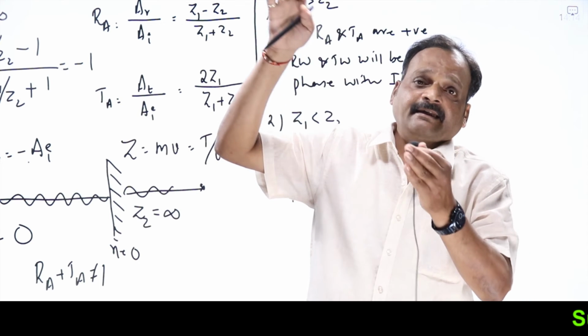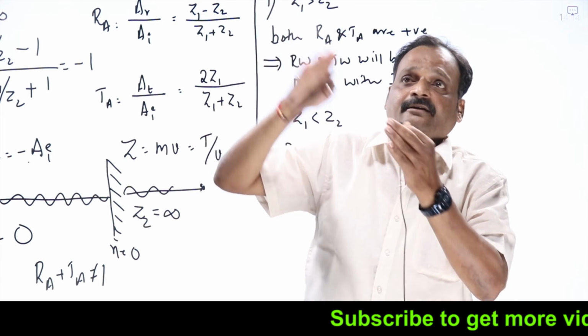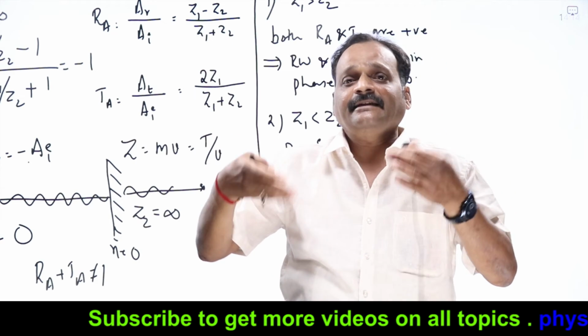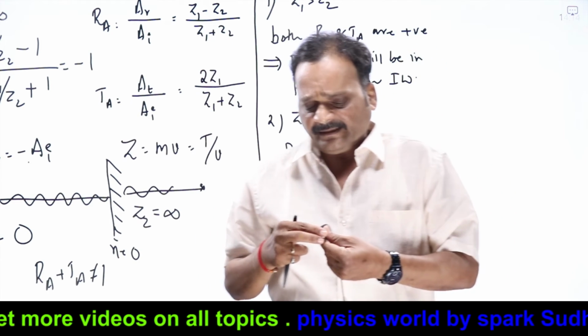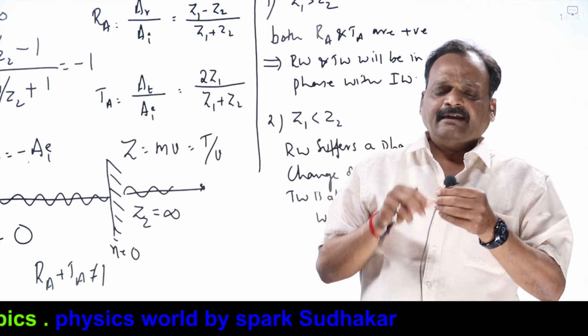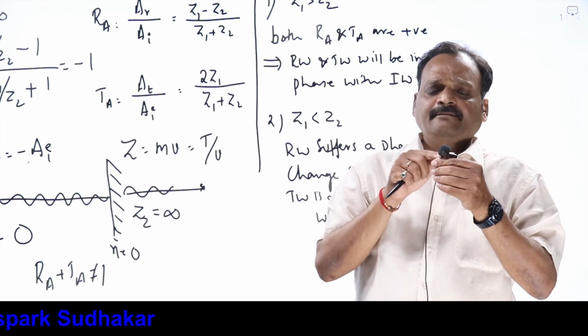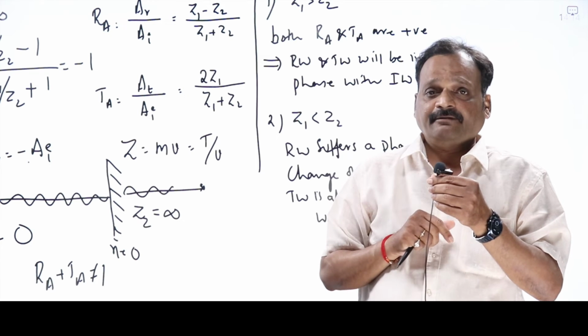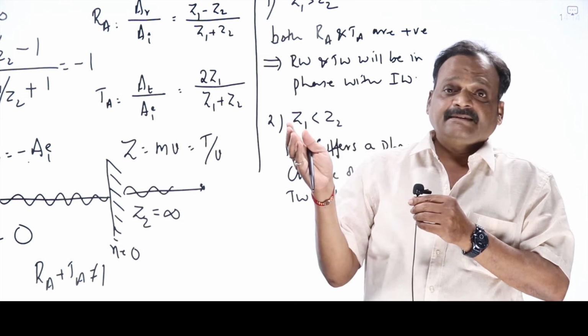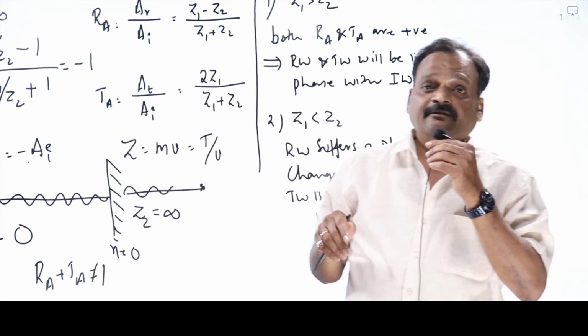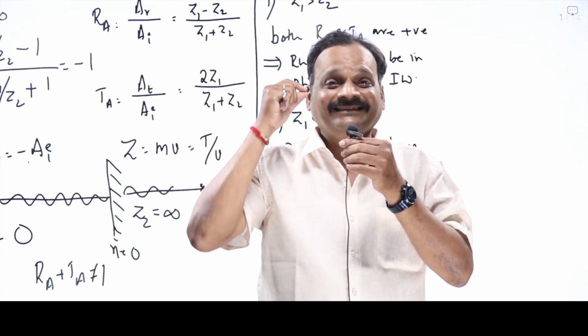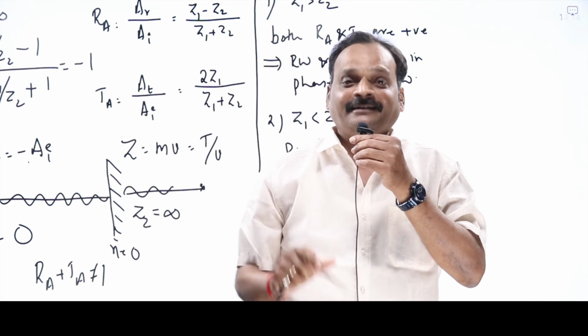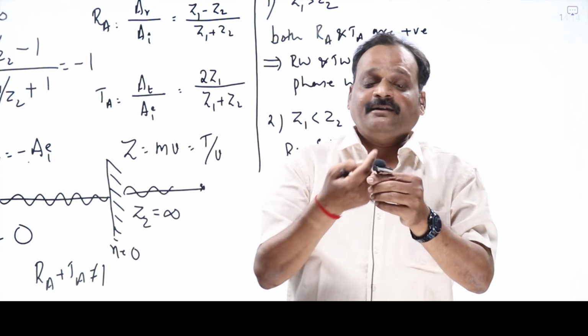We are hearing a loud voice; my tone is getting amplified. Now, we have seen that Z1 greater than Z2 or Z2 greater than Z1, there is always a reflected wave. Sometimes in public speaking, when you stand in front of the mic, you get a siren sound. That sound is because of the feedback.